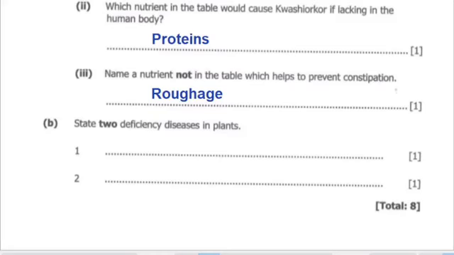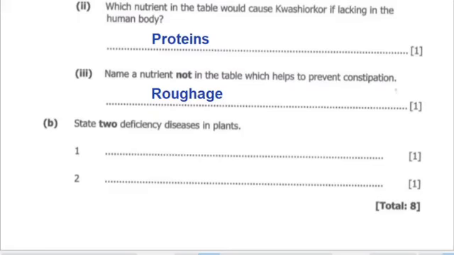So let us now look at question B. Under question B, this is the question: state 2 deficiency diseases in plants. So deficiency diseases in plants come as a result of plants lacking either phosphorus or nitrogen in the soil. These deficiencies can be where the leaves start turning yellow because there is no presence of chlorophyll.